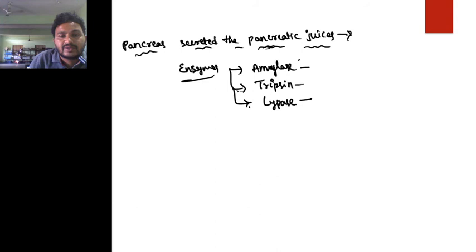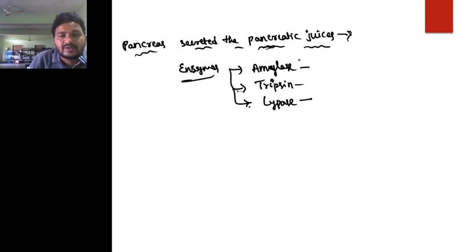The fats are converted into fatty acids and glycerols. Intestinal juices are also secreted by the stomach, and then the pepsin acts on the proteins.